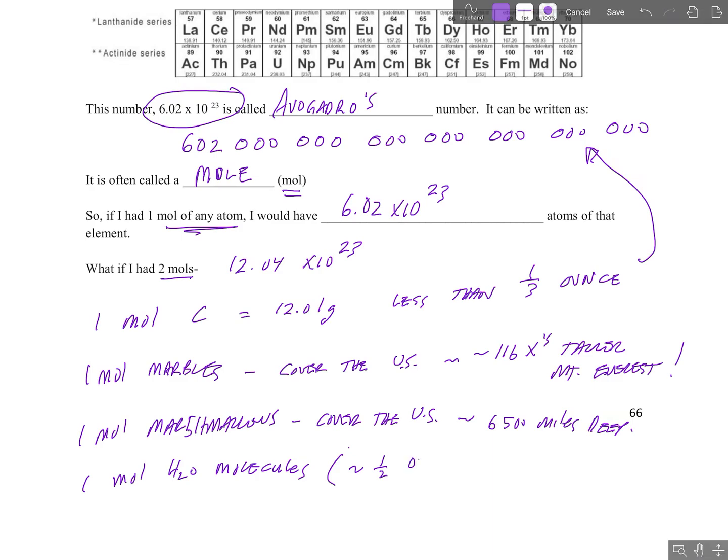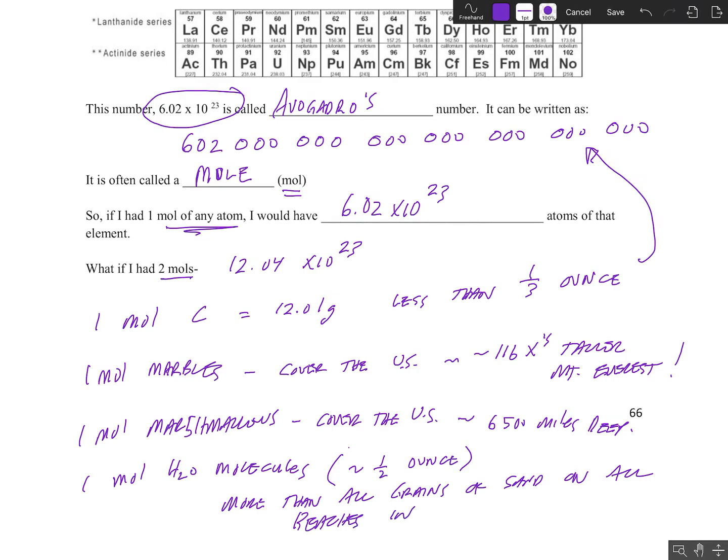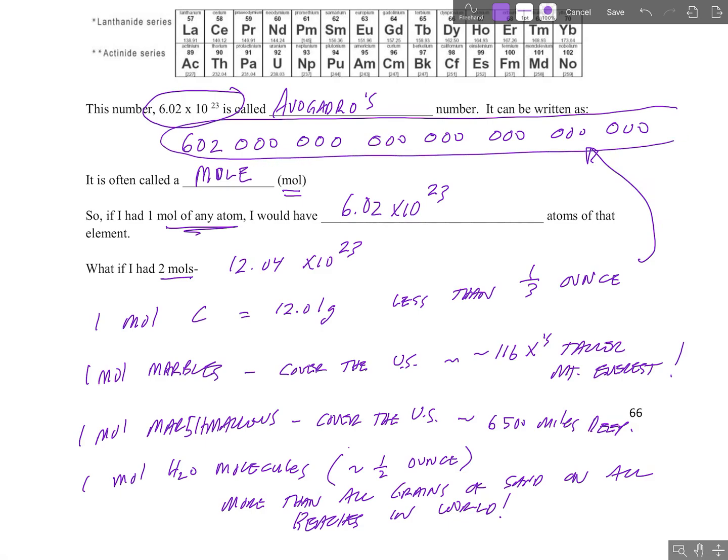So I'm going to say about 1/2 of an ounce. The number of molecules would be more than all the grains of sand on all the beaches in the world. This number, Avogadro's number, is that big.